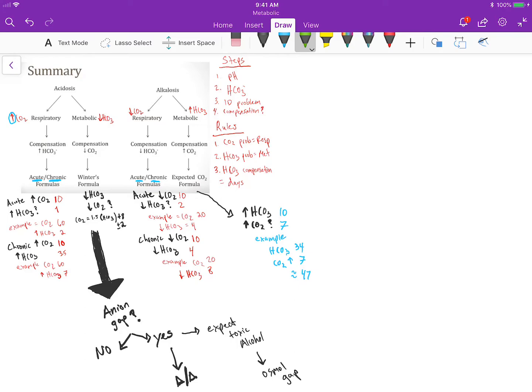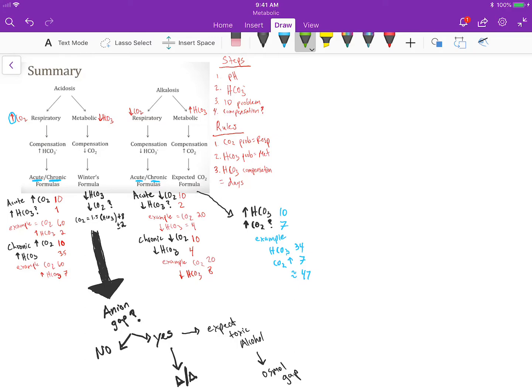After you've identified if we're in an increased anion gap or a normal anion gap, then you follow different steps. But again, that has nothing to do with Winter's formula. You can apply Winter's formula to both conditions. It doesn't matter. It does not tell us anything about the source of the acidosis.